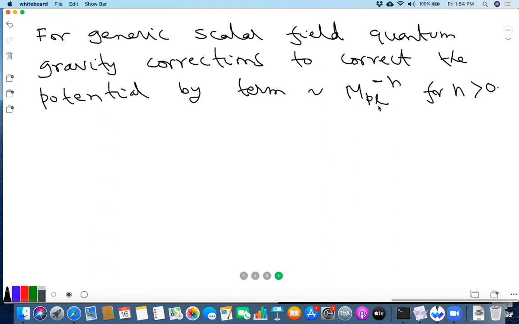Because typically quantum gravity corrections we expect to be small, but small means they are suppressed by powers of m Planck, because the 1 over m Planck is like the strength of quantum gravity.